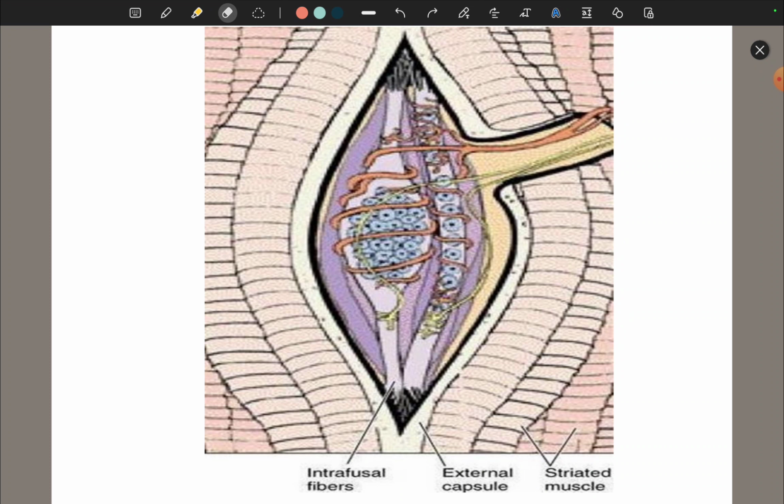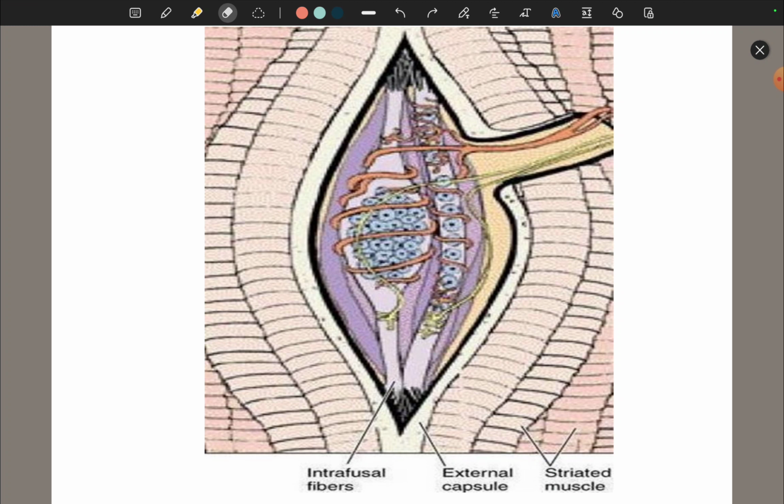And this space contains fluid. As you see here, the nerve enters this structure and branches, surrounding each of these intrafusal muscle fibers. The other striated or skeletal muscle fibers outside this fusiform structure, the muscle spindle, are extrafusal fibers.